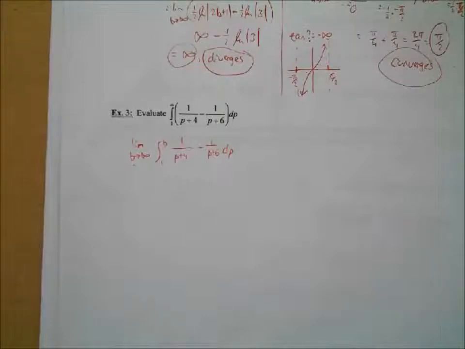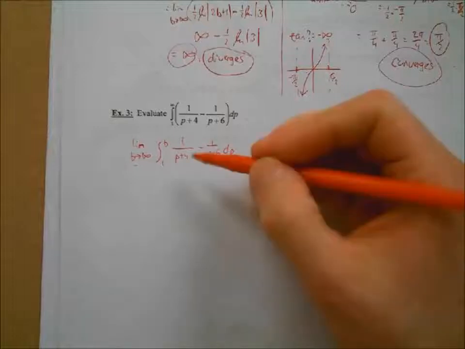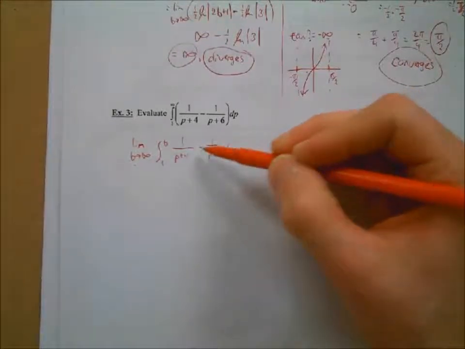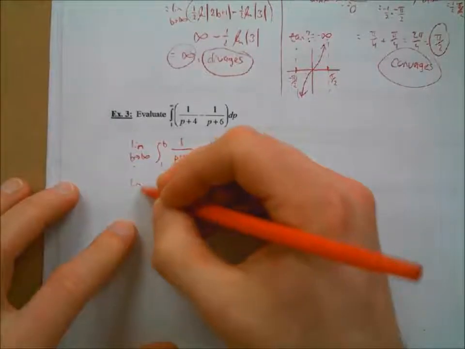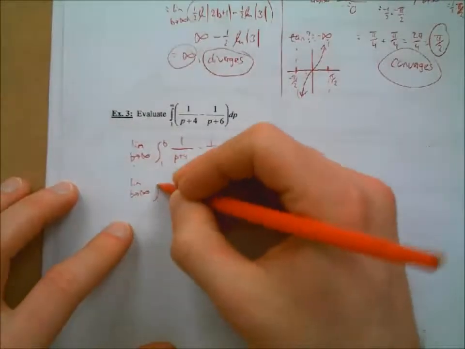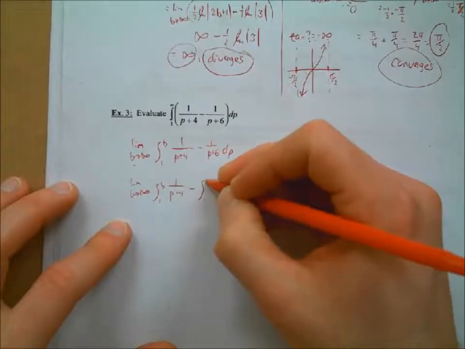And again, we can break this integral up over the subtraction there. So you can imagine we're just going to integrate this, and then subtract the integral of this, right? If you want to write it out, you can. It's not necessary, but just to help see it, I'll write it out.